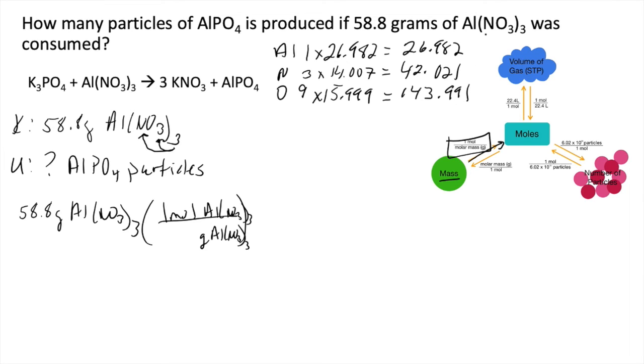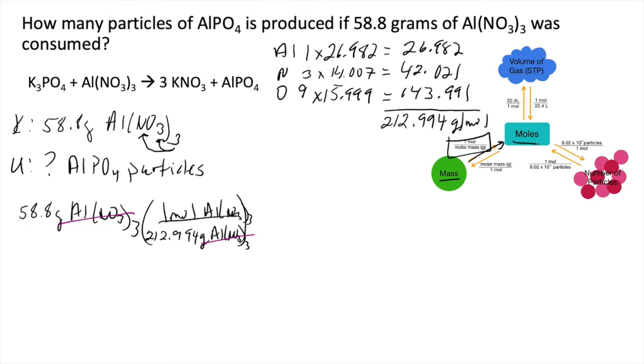To find our molar mass for 1 molecule of aluminum nitrate, we will add all of these together, and the molar mass will be 212.994 grams per mole. We always attach the number to the grams, so grams will be at the bottom, 212.994. And this will allow the canceling out of grams of aluminum nitrate and leaving moles of aluminum nitrate.